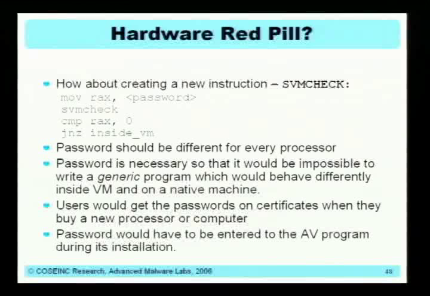Because then we can write a generic program which behaves differently inside a VM and outside a VM. But if we had this 64-bit password, which we get on a special certificate with a processor, so we buy a processor, we get a certificate and a password, and we enter this password into our antivirus program during installation, that should allow for detection.